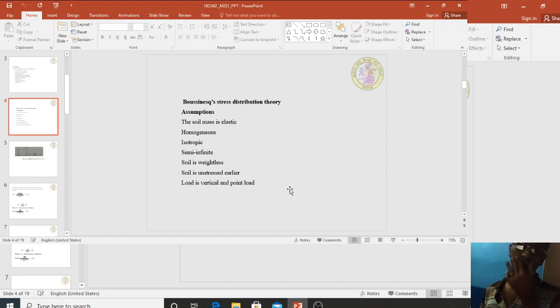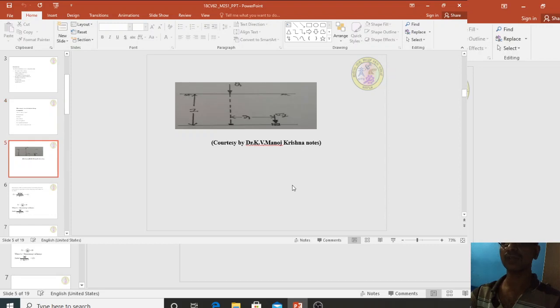It is not always possible to expect the load to be vertical or pointed, because if you are constructing a plinth beam, and the soil is in contact with the bottom of the plinth beam, then it is a uniformly distributed load. You cannot expect a pointed load. But he assumes that if you want to use this equation, you have to assume it as a pointed load and it is vertical.